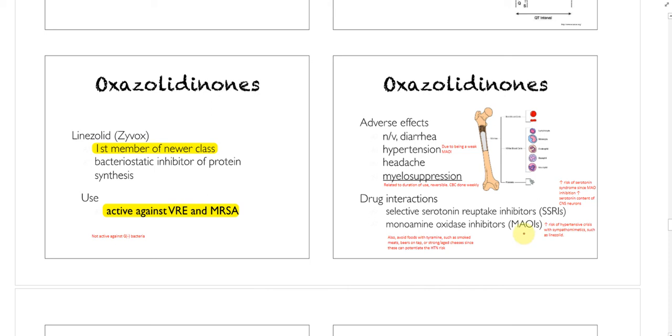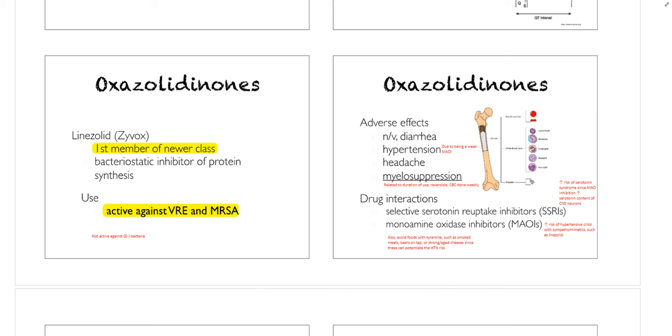But with SSRIs, there's an increased risk of serotonin syndrome, since we actually have a slight weak MAOI action with linezolid, which is why hypertension's a potential concern. And when you mix SSRIs and MAOIs, there's an increased content of serotonin in the CNS neurons, basically implying that the SSRIs are going to work too well.